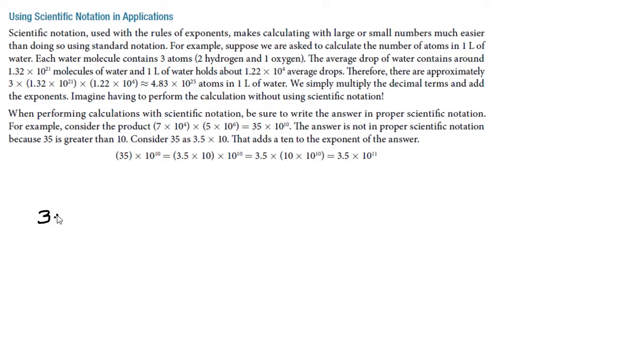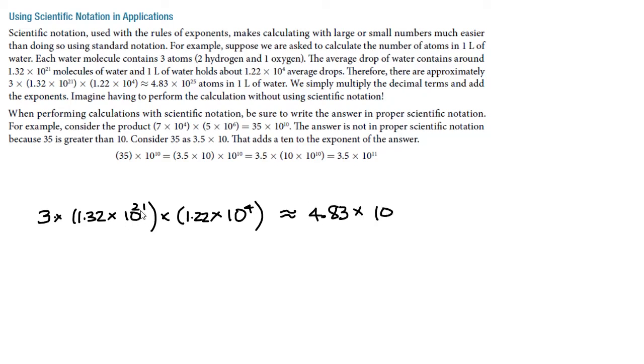The average drop of water contains 1.32 times 10 to the 21 molecules, and 1 liter of water contains 1.22 times 10 to the 4 average drops, and this turns out to be 3 times 1.32 times 1.22, that's 4.83 times 10 to the, now we add up the powers, 21 plus 24 is 25.